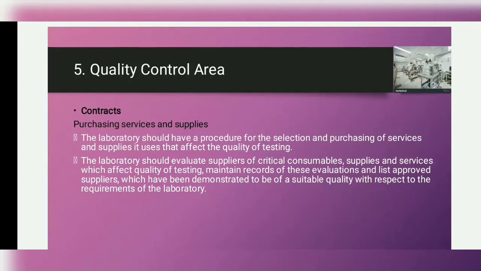The laboratory must evaluate suppliers of critical consumables, supplies and services and maintain records of these evaluations, and also list approved suppliers which have been demonstrated to be of a suitable quality with respect to the requirements of the laboratory.